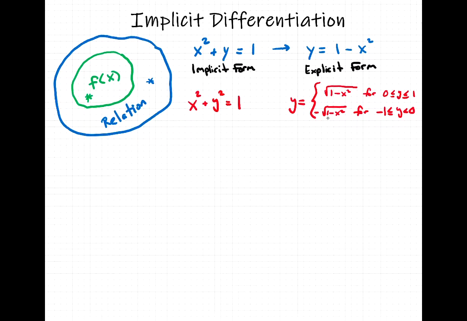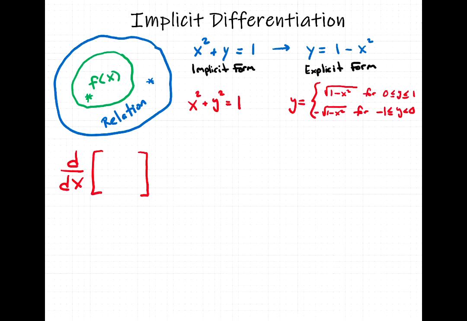All right, so now I want to focus on the left-hand side, taking the derivative implicitly. So let's look at the derivative operator. This means the derivative with respect to x of something. So there's got to be something in the brackets.